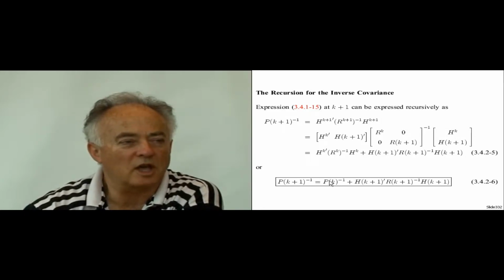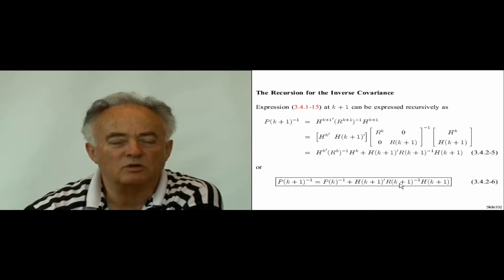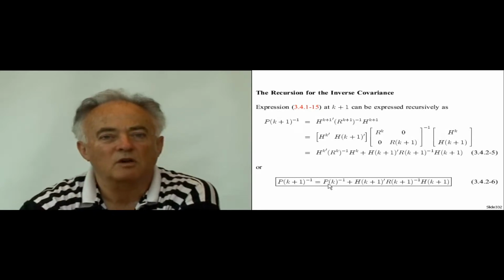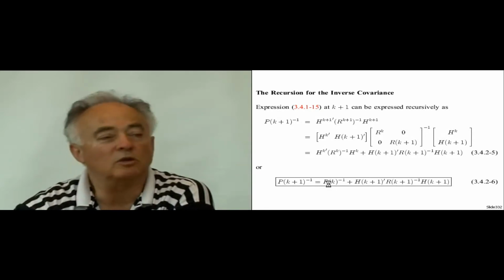And this is again the additivity of the information, which we have seen in a scalar case before. Now it's a much more general matrix case, because these observations, the one at k plus 1 and the previous ones, are all independent of each other, in which case we have this additivity property of the information.